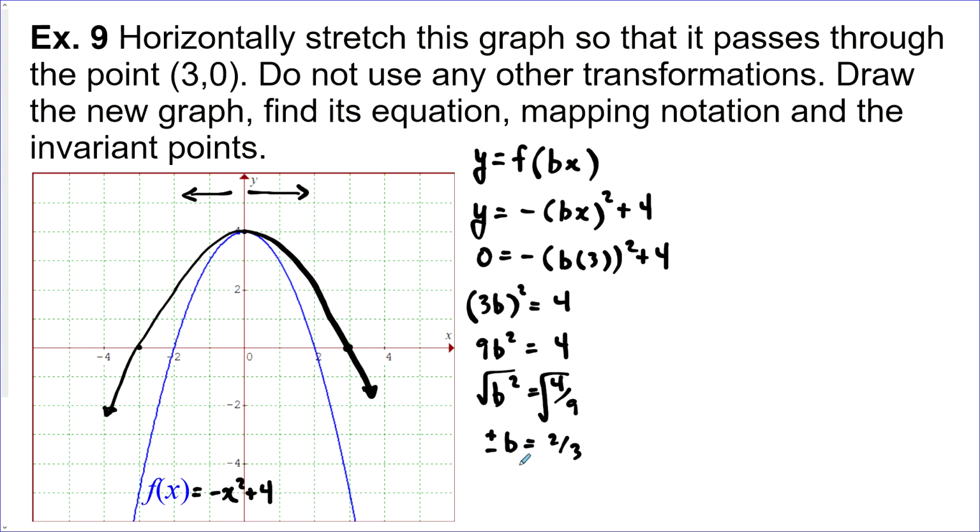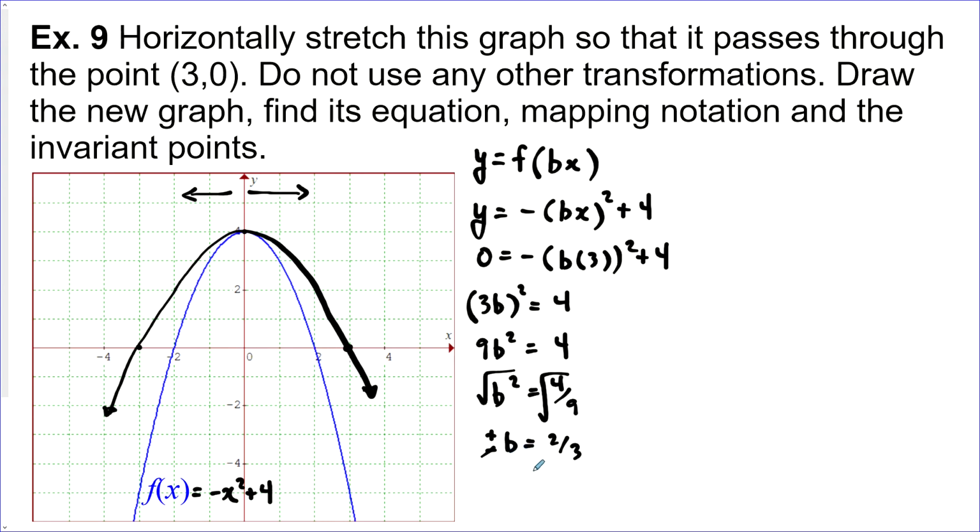Now I look at this and I don't want a negative. If I had a negative inside here, that would be a reflection, and it would work, but the question says no other transformations, so I don't want this negative because then I would have a reflection with it. So I'm going to cross that out. I'm just looking for the positive value here, just to give us a stretch alone.